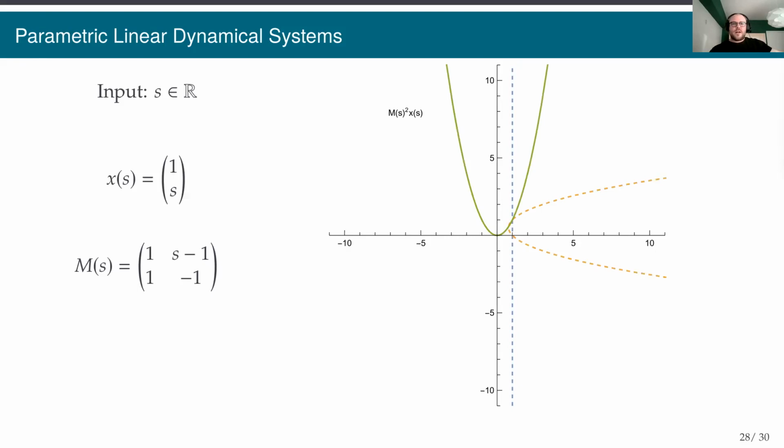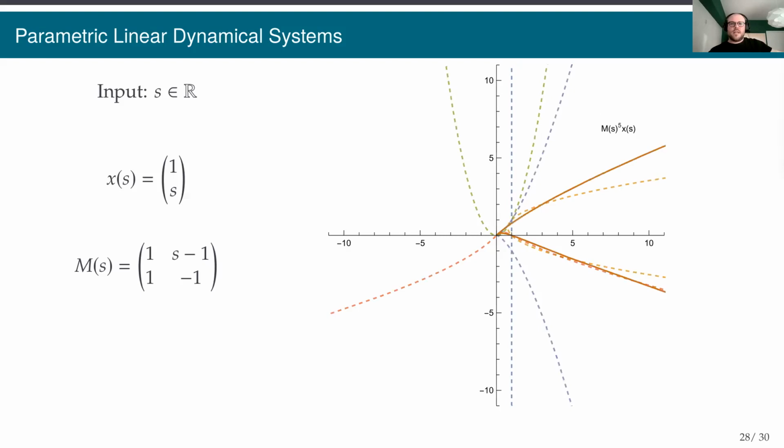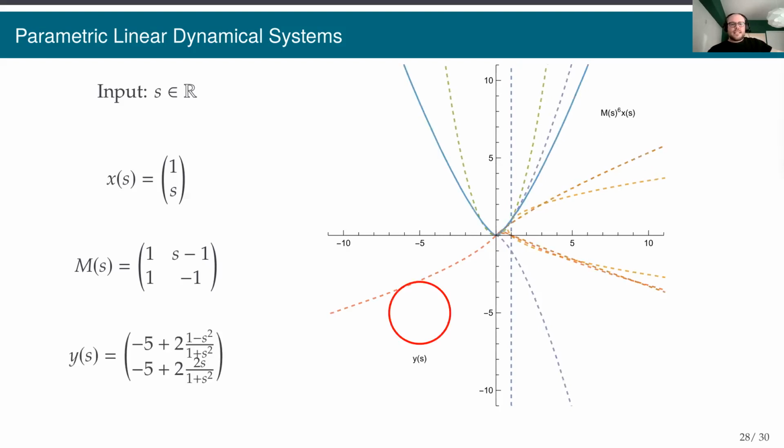Similarly, M squared applied to x of s, we get this curve, allowing s to vary, and so forth. And we might want to ask, does this ever hit this red circle? Well, that's a bit of a lie, because I really want these s to be equal.